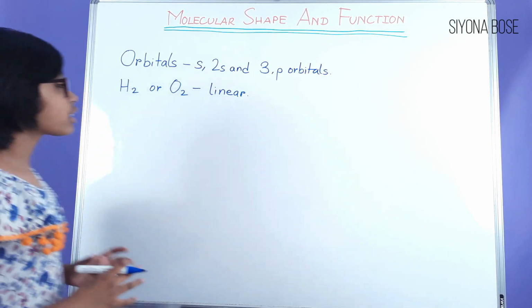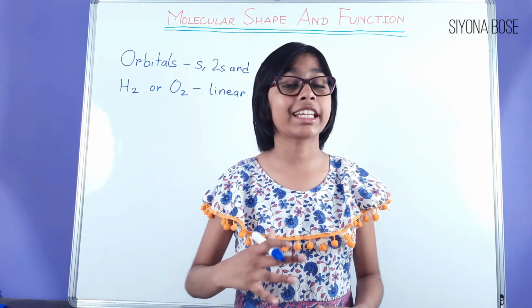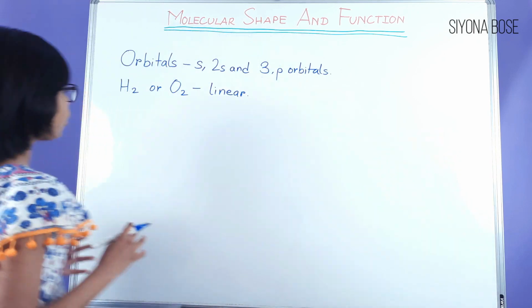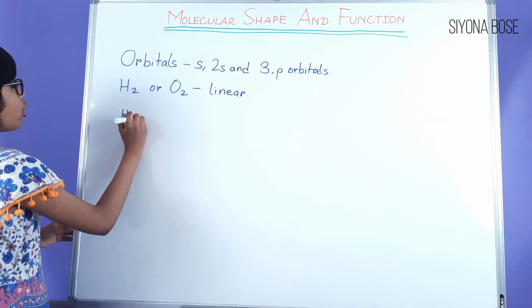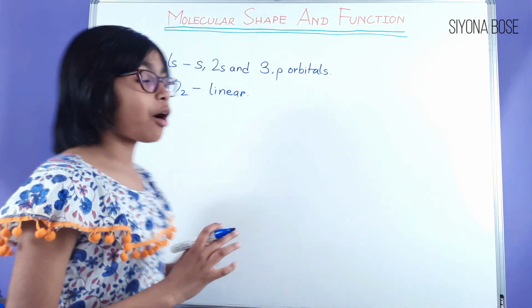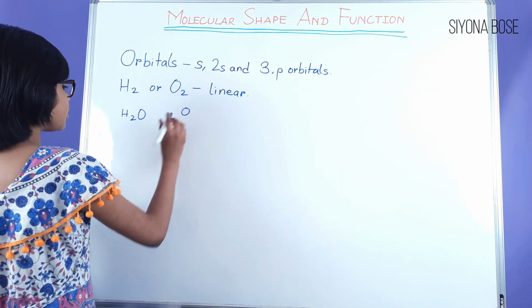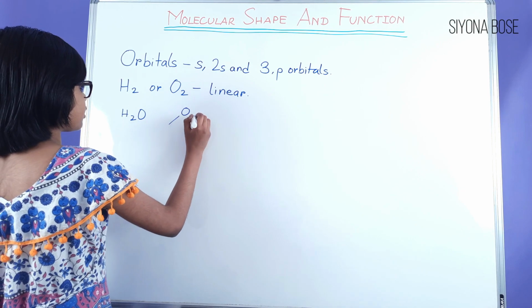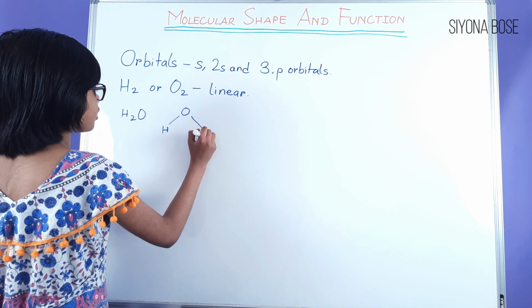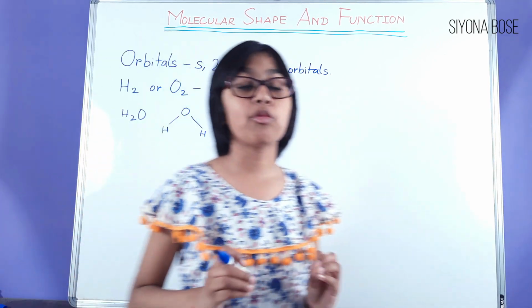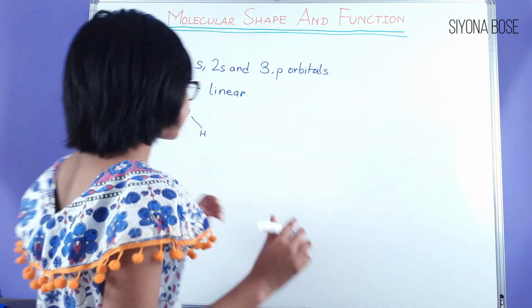But if there are more than 2 atoms, then some complicated shapes form. For example, water, H2O. In the ball and stick model, if this is O and here H, there should be an angle of 104.5 degrees.